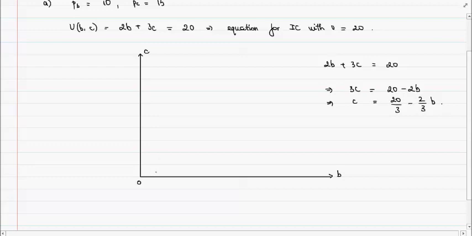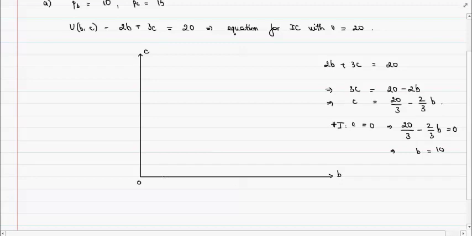So I'm going to find the horizontal and vertical intercepts, and then connect those two points together. If I make C equal to 0 to find the horizontal intercept, where the vertical value is 0, then 20 on 3 minus 2 on 3B equal to 0, and solving this equation, you find that B equal to 10.